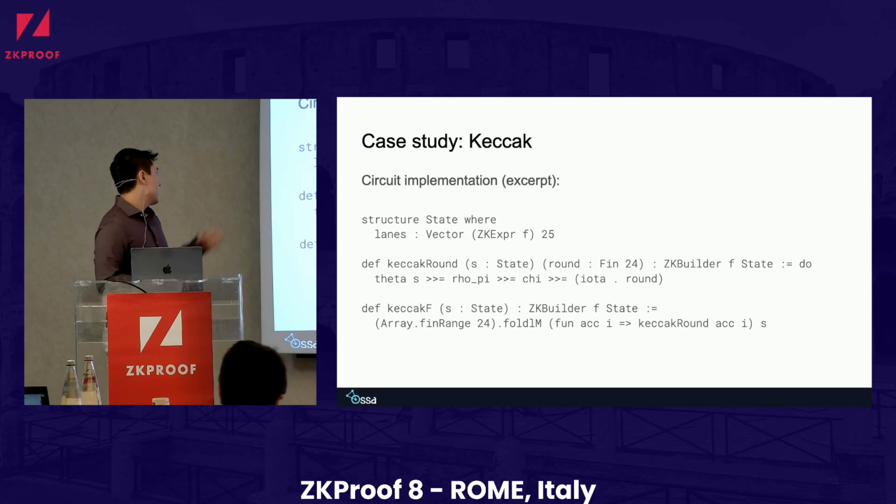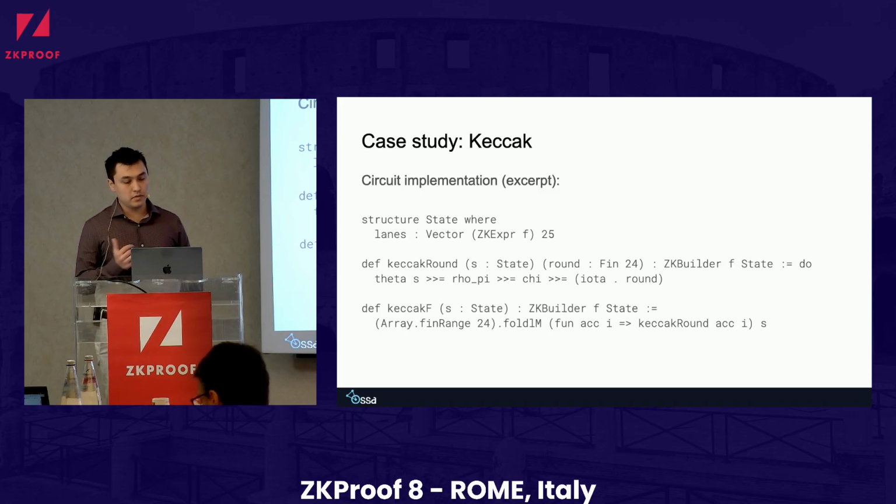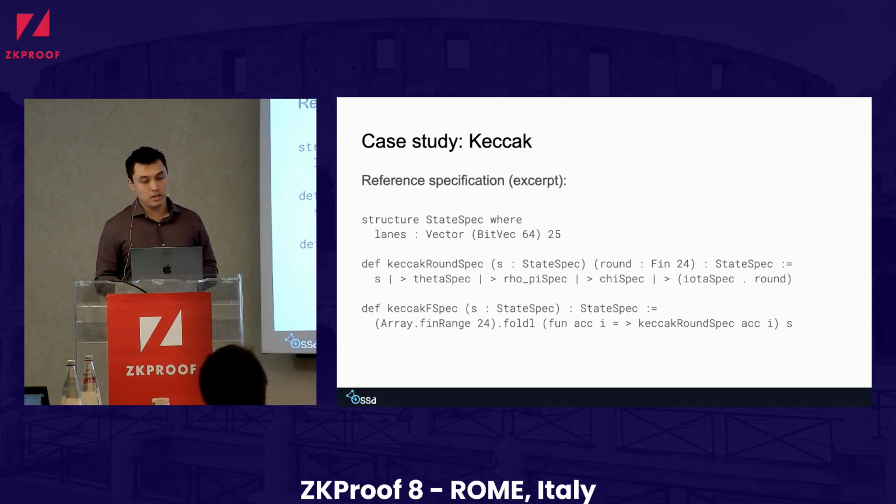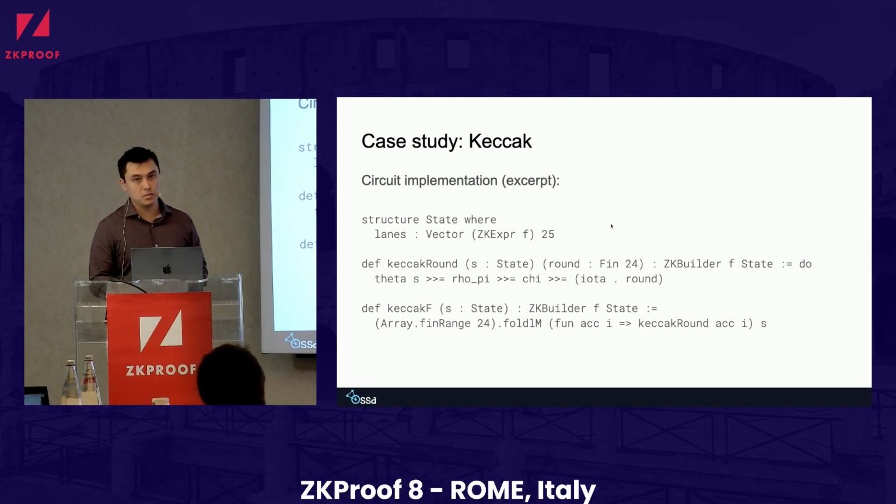So here we're defining a state again, with our 25 lanes. But in this case, we have a zk expression over some field. So notice before, the specification was over a bit vector, and now we're just changing to whatever field you're using. Again, we define the circuit for a Keccak round.